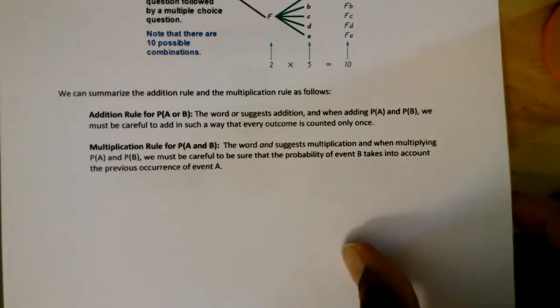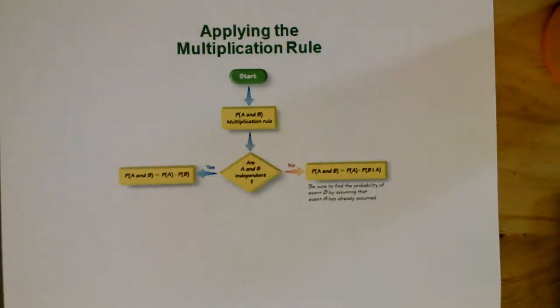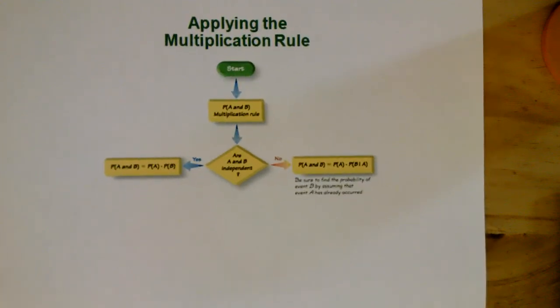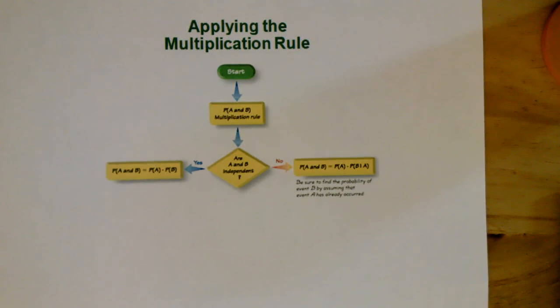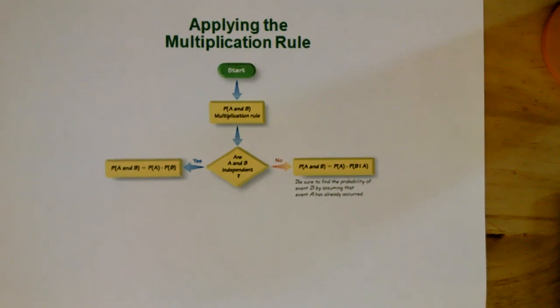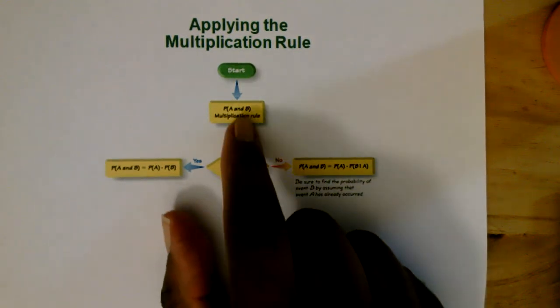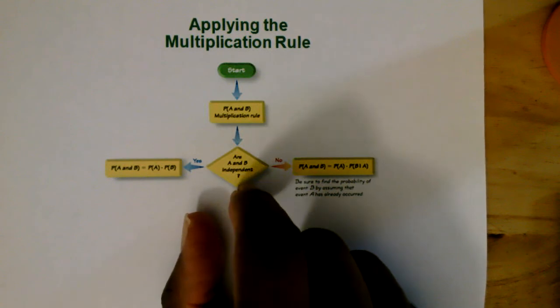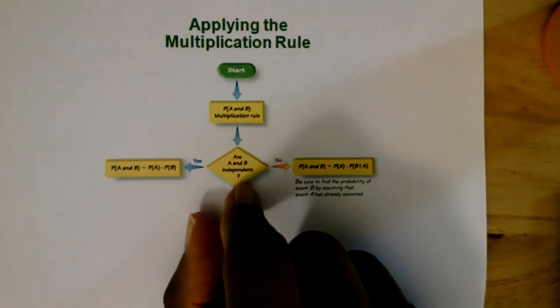Okay, and I have a flow chart of how to apply the multiplication rule, where in this case you have the probability of A and B, that's the multiplication rule. Then you want to ask yourself, are A and B independent?